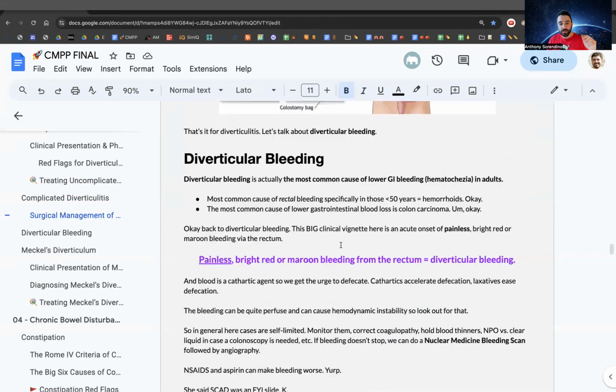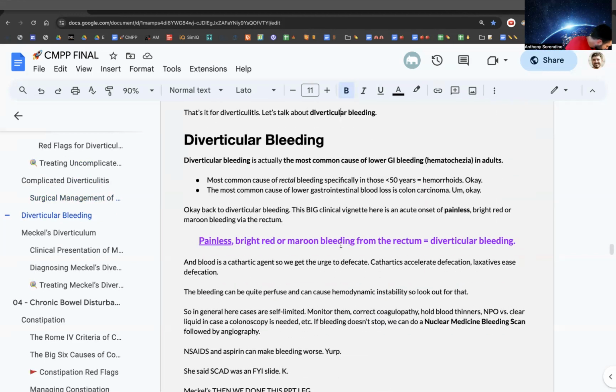Okay, let's talk about diverticular bleeding. This is actually the most common cause of lower GI bleeding, hematochezia, in adults. The most common cause of rectal bleeding in those less than 50, specifically rectal bleeding, is going to be hemorrhoids.